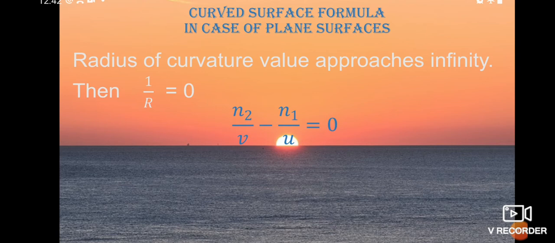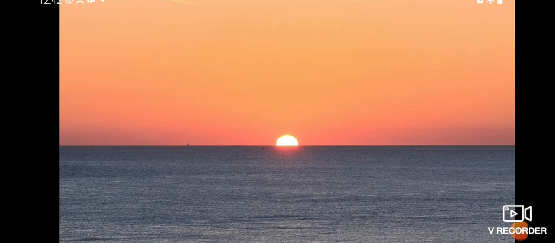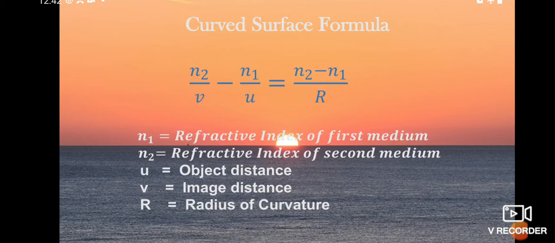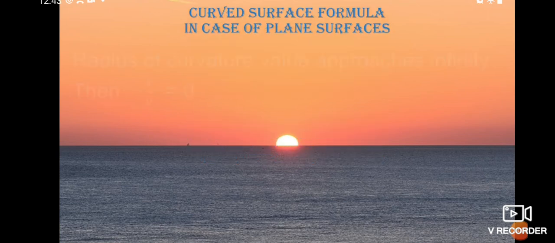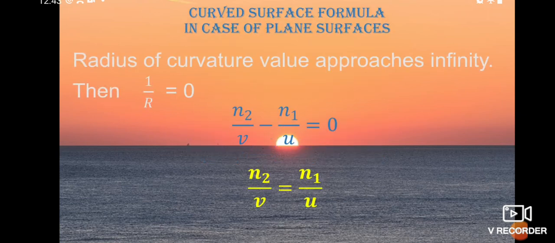Then the formula is N2 by V minus N1 by U is equal to 0, because the R value is infinity. Then we transpose the N1 by U term to the right side. Then N2 by V is equal to N1 by U. Okay, students. This is the formula for plane surfaces.